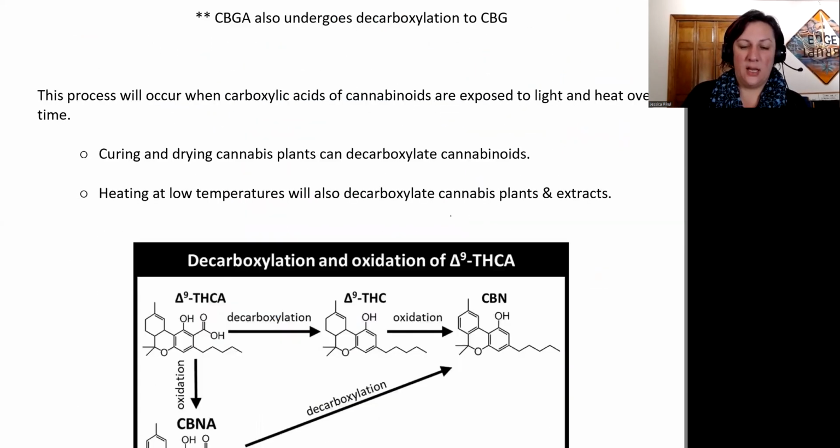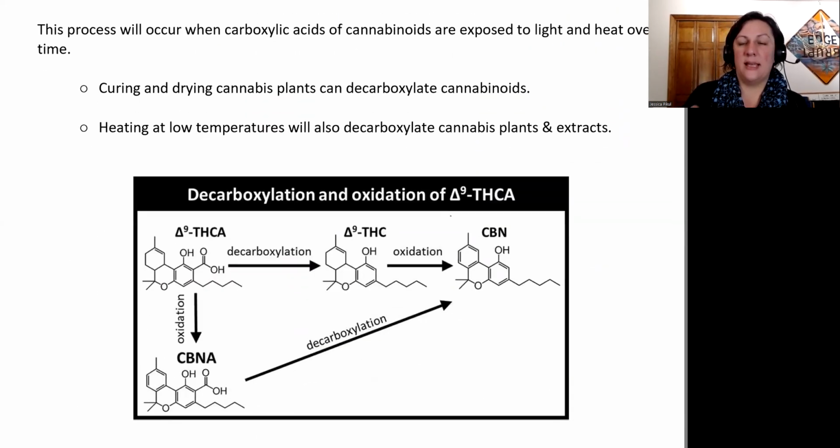What's interesting about this process is that it will happen over time on its own. It's actually part of an overall process where the THCa or CBDA is being decarboxylated to THC and then undergoing an oxidation to form CBN.